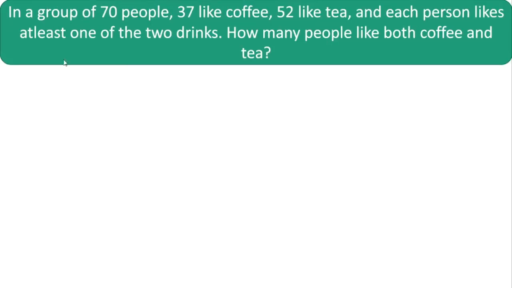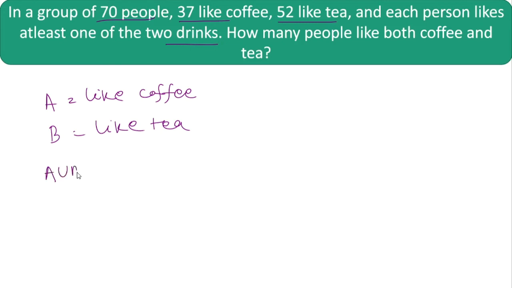Now the second question. Here it is given that in a particular group 70 people are there. 37 like coffee, 52 like tea, and each person likes at least one of the two drinks. So we need to find out how many of the people like both coffee and tea. Okay, let me denote A as the people who like coffee, B as the set of people who like tea.